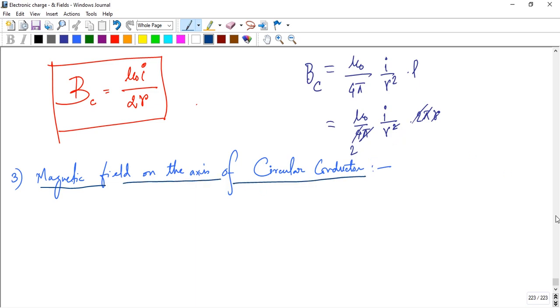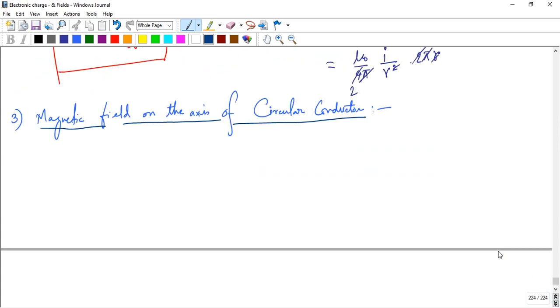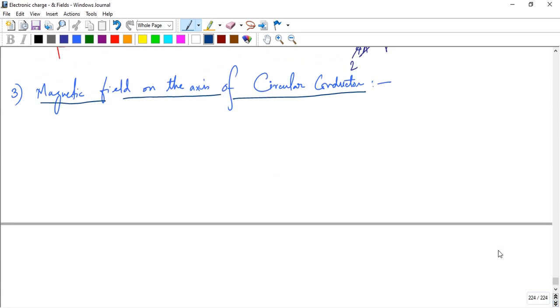Okay, now on the next page, try to draw here. There is a circular path, or maybe the conductor.